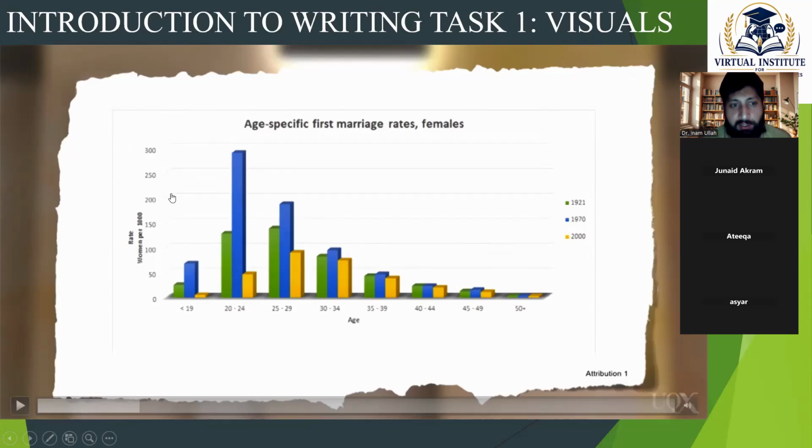This is the y-axis, this is the x-axis. On the one hand, you have volume per 1,000 rate, and it is all about age-specific first marriage rates in females, the ladies who are getting married for the first time. So on the one hand, we have the age group. On the other hand, we have the numbers.